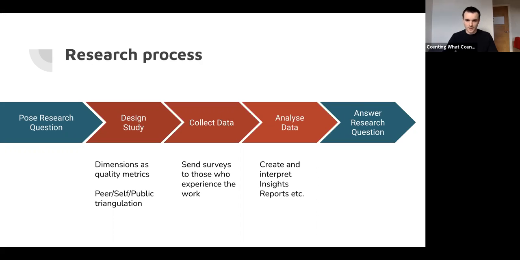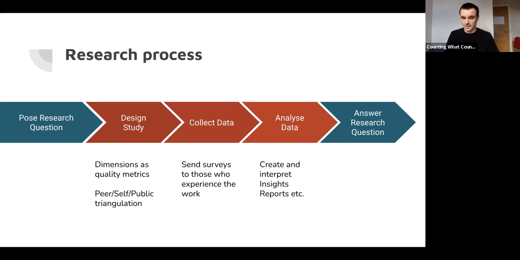And in the toolkit, I think we focus on these middle three parts of the process a lot. So we have the dimensions as quality metrics, and we use the self-peer-public triangulation, and that's the study that's been designed. You send out surveys to the people who experience the work to collect data. And then we create insights reports and interpret those reports.